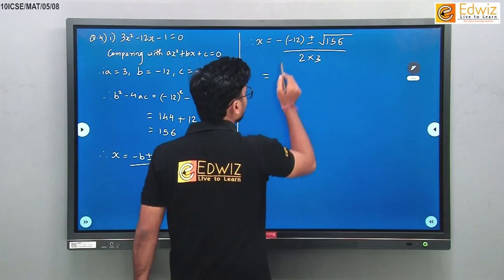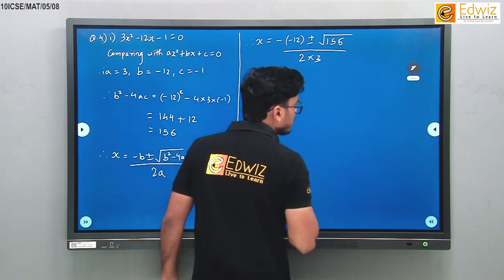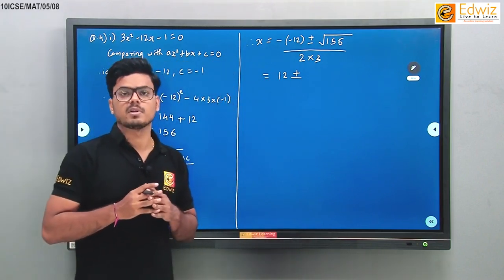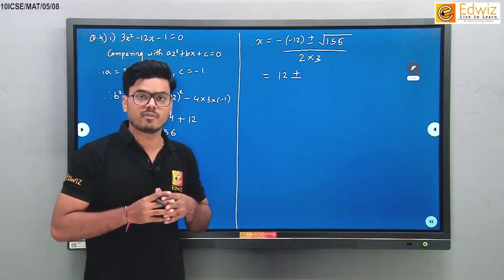So this is equal to positive 12 plus or minus. Now root 156, if you look at the table, it is not there in the table, correct? So we will have to simplify it a little bit if we want to find the value of root 156 from the table.